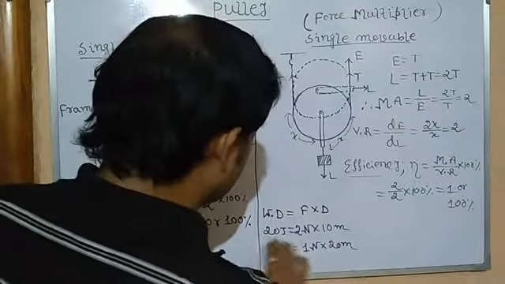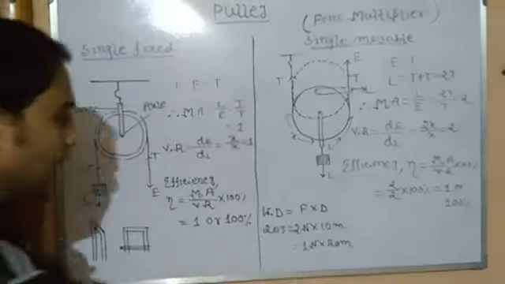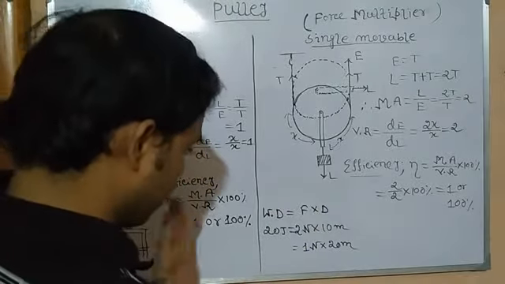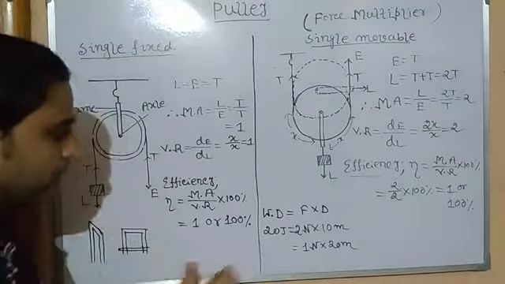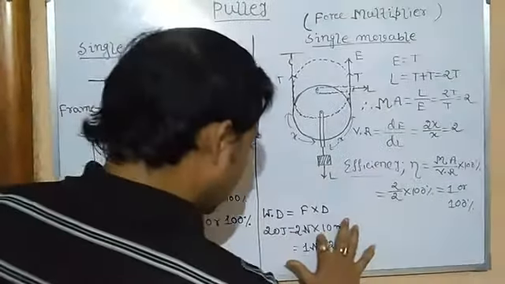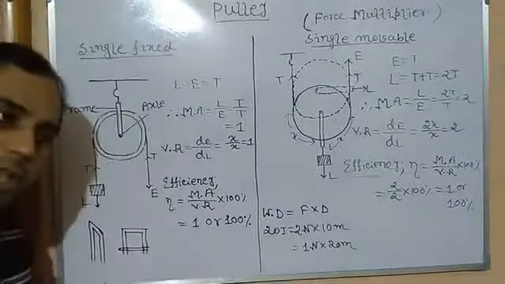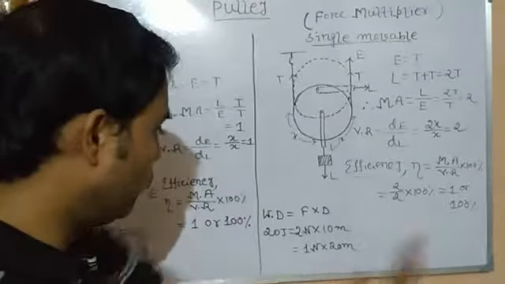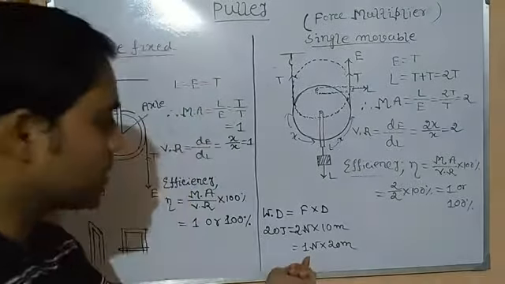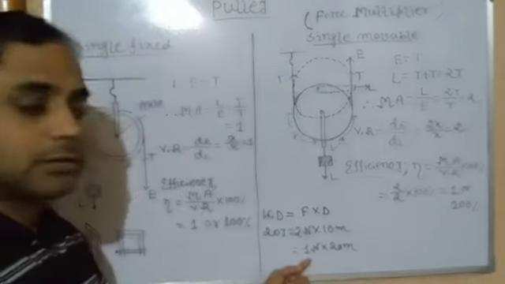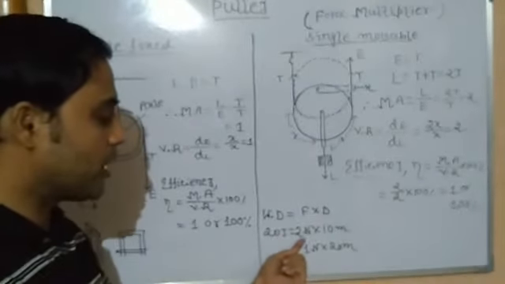Now suppose work done is 20 joule. In the first case, the force applied was 2 Newton to move the object up to a distance of 10 meter. If we want to move twice the distance, you can see force is halved. 20 joule, force was 2 Newton.